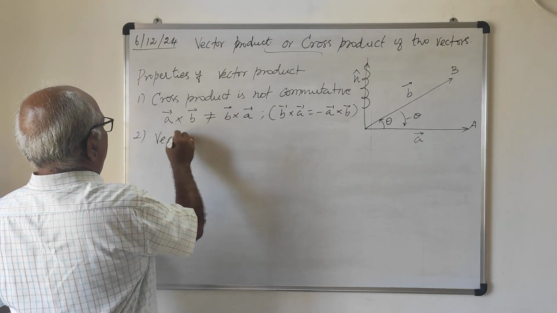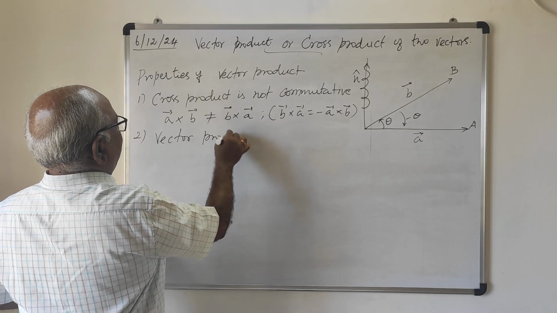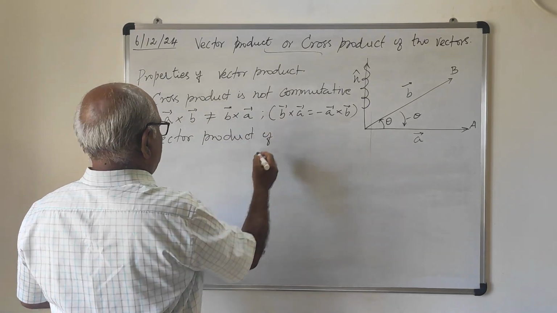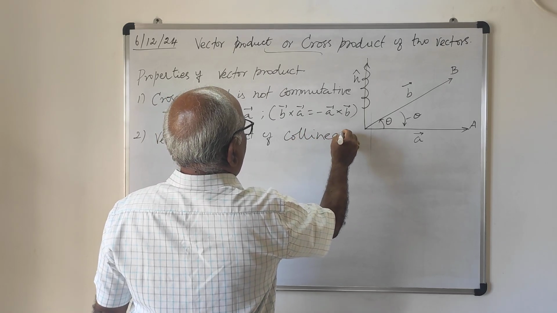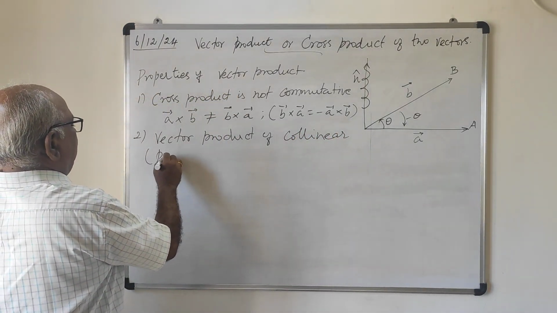Vector product of collinear or parallel vectors.